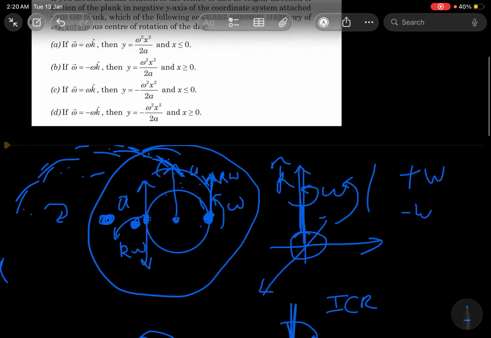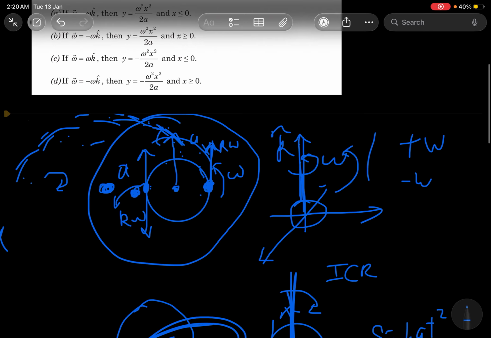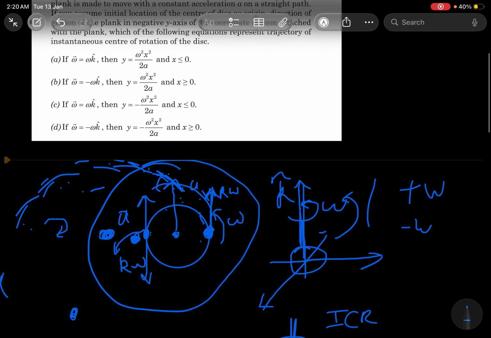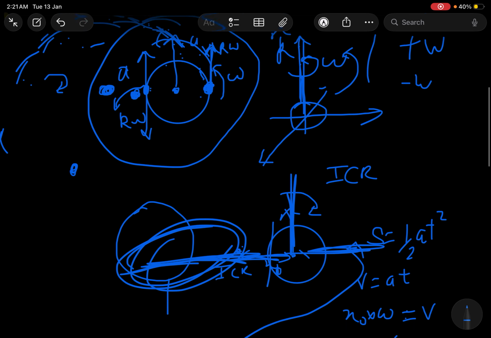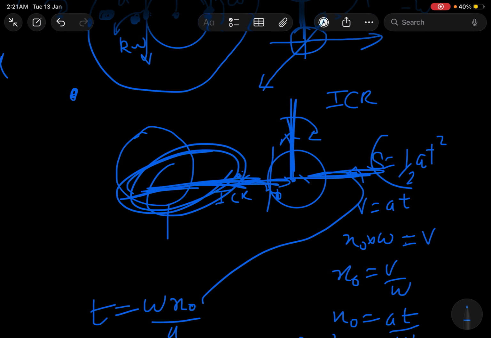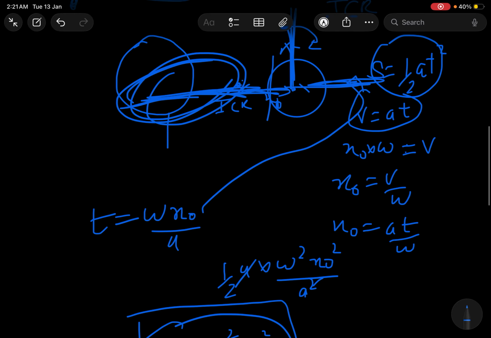So after that we solved the question pretty well. We also saw that ICR is close to the point where velocity is decreasing, which is a bit obvious if you try to picture it. Then we just used normal equations of motion. We know v equals u plus at, and x naught into omega equals v.